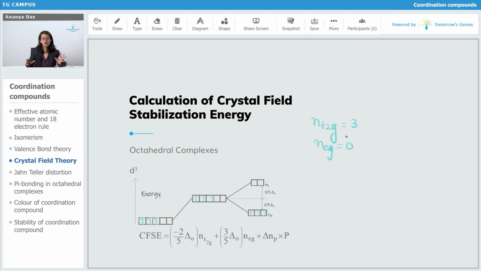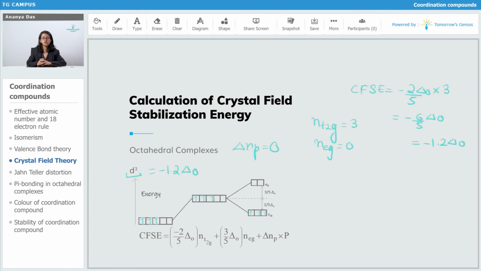All of the orbitals are half filled, so there is no pairing of electrons at all, and delta NP is 0. Substituting into the formula, CFSE is equal to minus 2/5 delta O into 3, which is minus 6/5 delta O, which is minus 1.2 delta O. So the CFSE of the d3 configuration is minus 1.2 delta O.